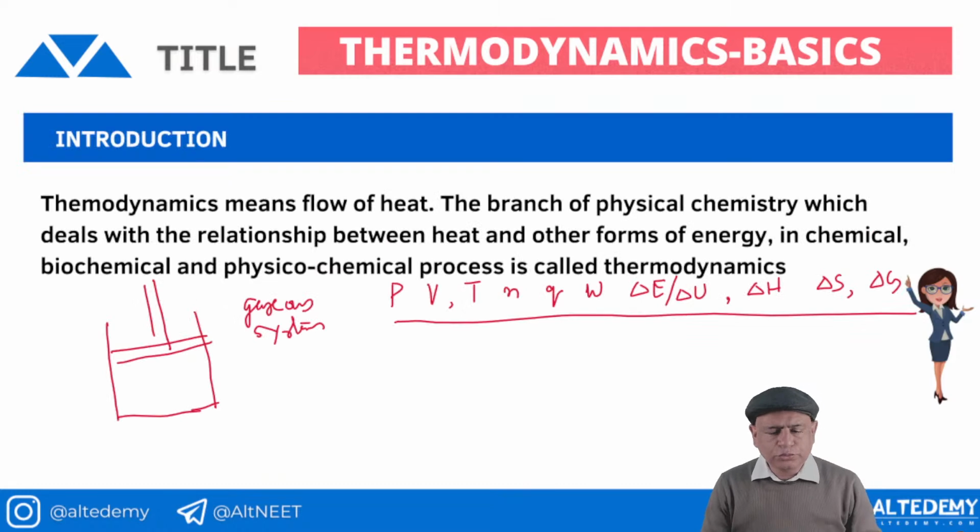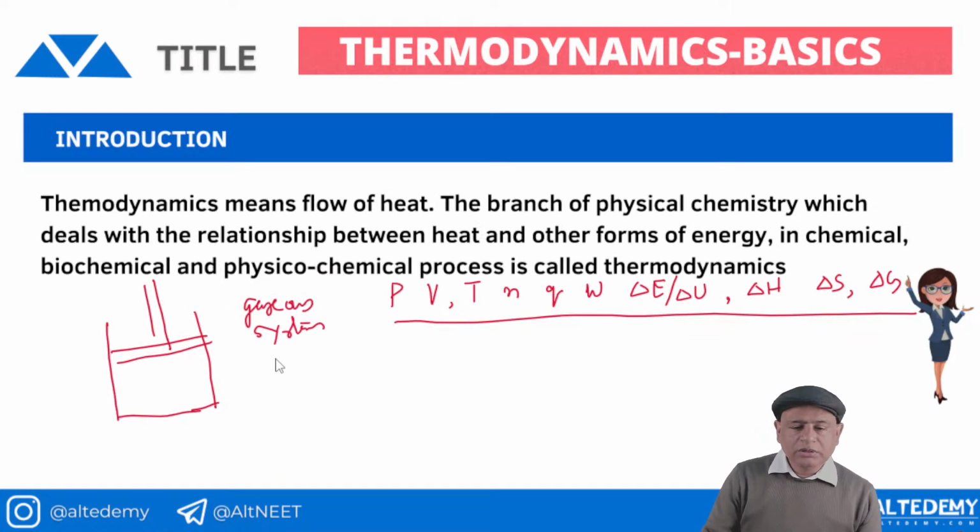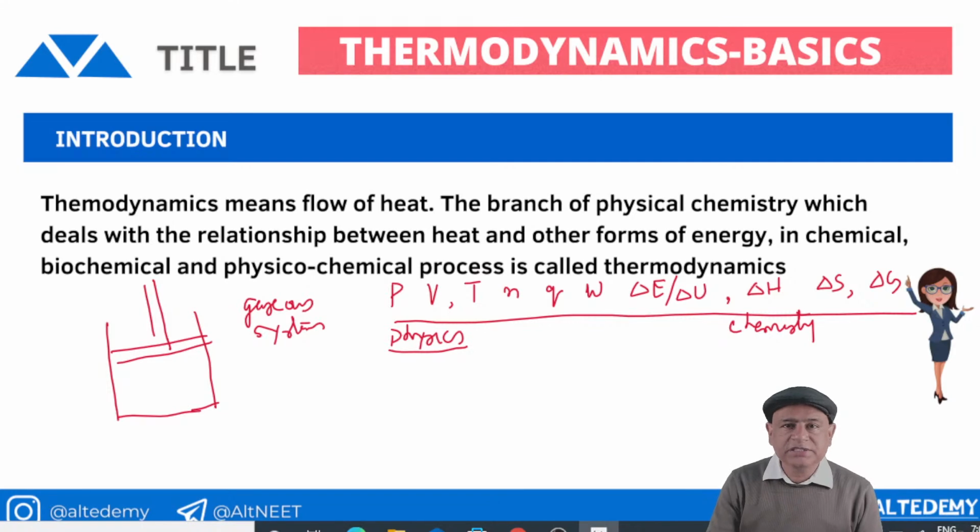Here I would like to point out one more thing which you should know right in the beginning. When a physics person is handling thermodynamics and when a chemistry person is handling thermodynamics, what is the difference that they generally perceive and what effect does it cause?